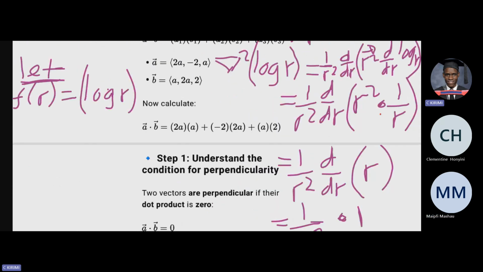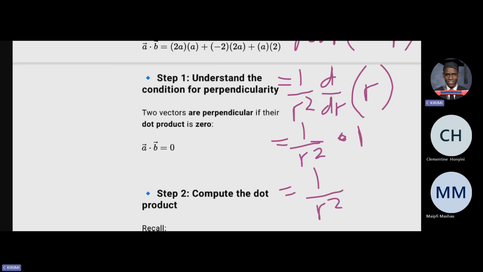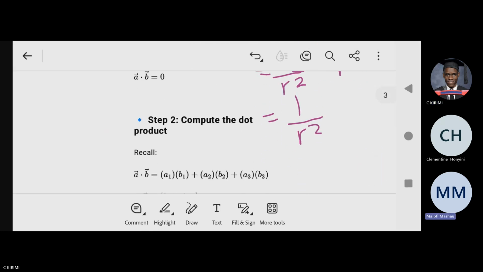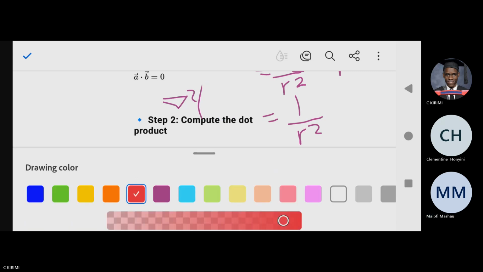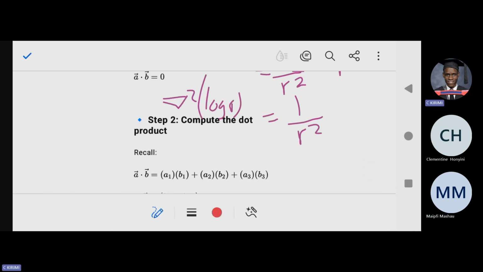We are supposed to show that grad squared of log r is equal to 1 over r squared, and we have shown it now. Any question?